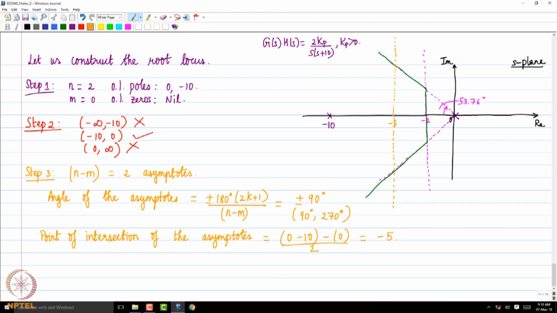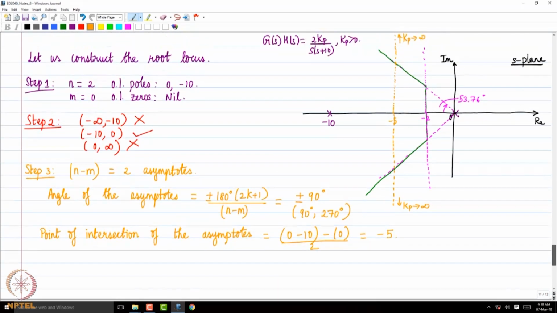So, those are the 2 asymptotes as kp tends to infinity. This is the direction in which the root locus branches would tend towards. So, that is step 3 of the construction of the root locus.